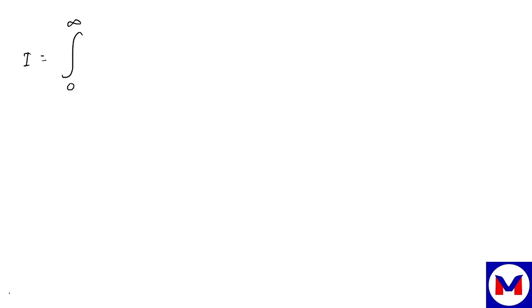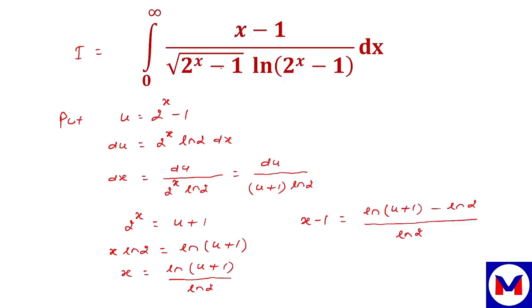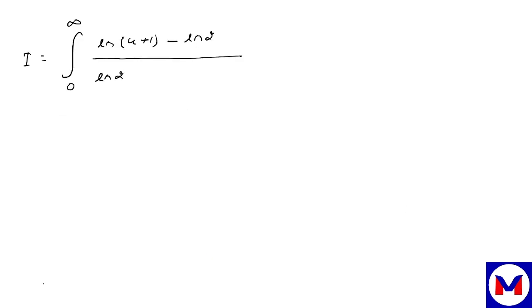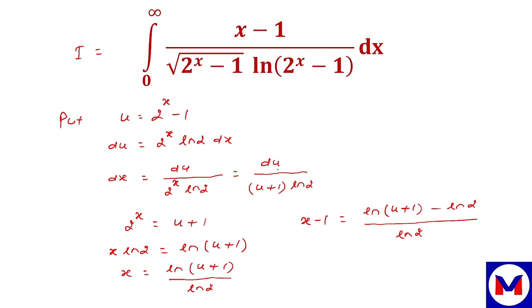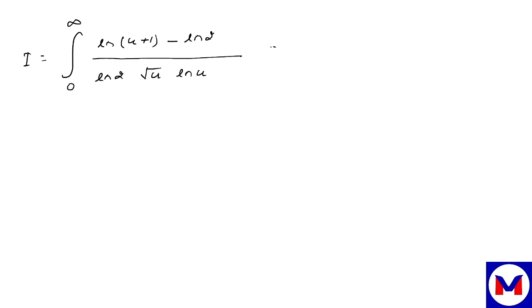Now the integral becomes I equal integration 0 to infinity, and x minus 1 as (ln (u plus 1) minus ln 2) upon ln 2, and in the denominator 2 to the power x minus 1 can be written as square root of u, and this becomes ln u, and dx as du upon (u plus 1) ln 2.